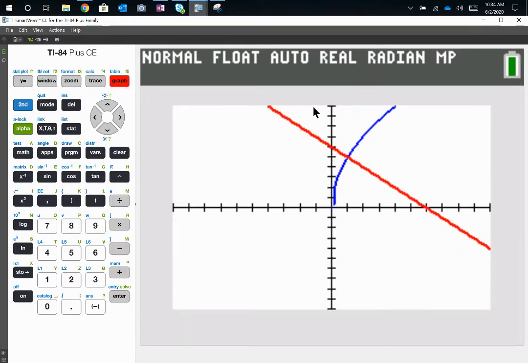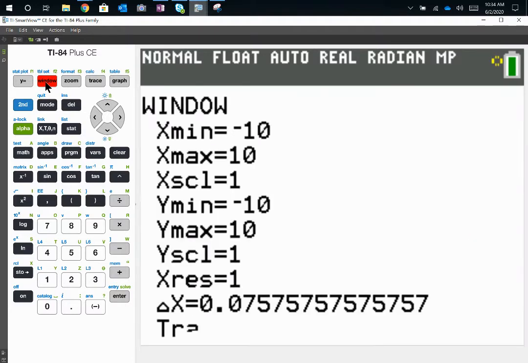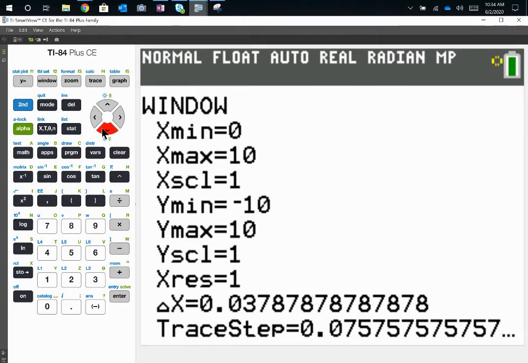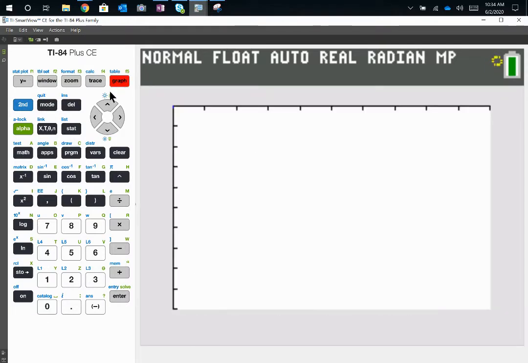So I see that the intersection point is isolated in the first quadrant. So I'm going to go to the window and take out the negative value of x and the negative limit of y to get a better picture of the graph. And then we see this. This is our graph.